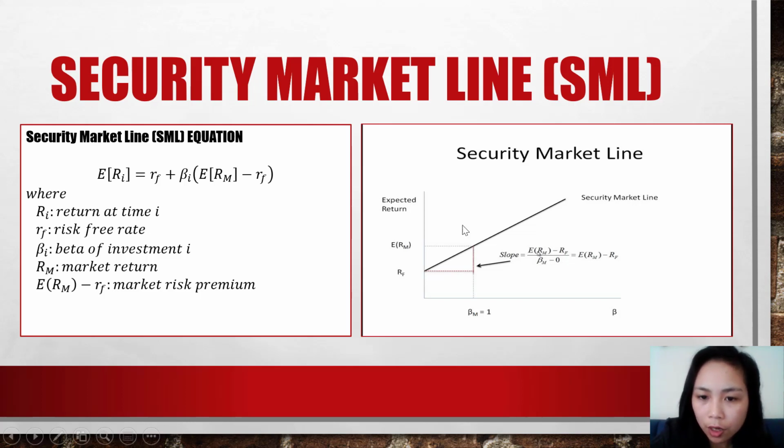One thing you have to notice here, for the market portfolio, beta is 1 because it's the beta of the market toward the market, so it should be 1. And let's say this is the expected return of the market. So let's consider this rise over run. The rise here is expected RM minus RF.